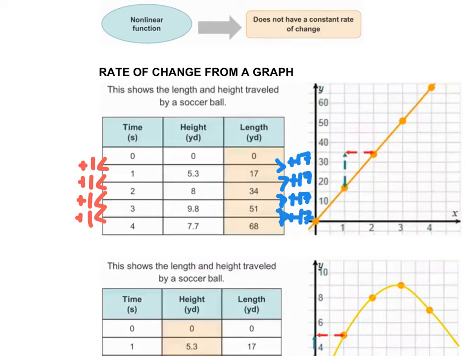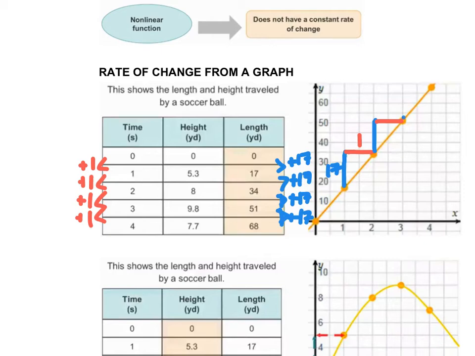But what I want you to see is that we have this rise here. This is a length of 17, okay? And then the run is a length of 1, okay? And we stair-step this. It goes up by 17 each time, and then it moves over by 1 unit, okay?